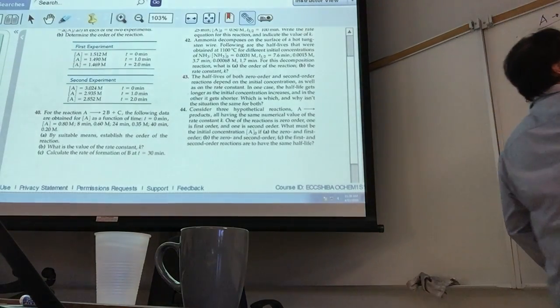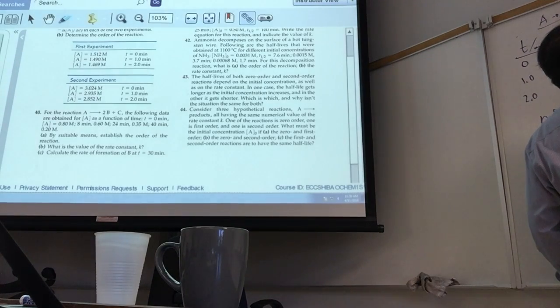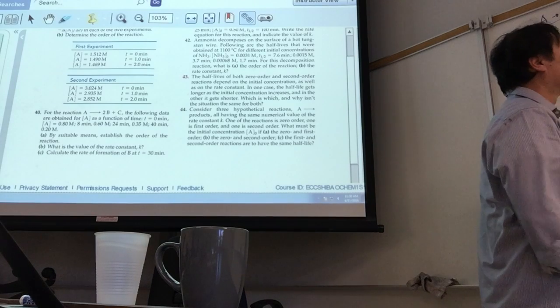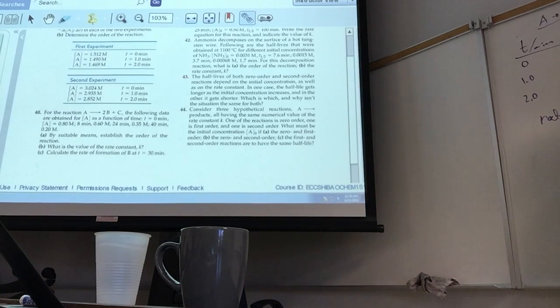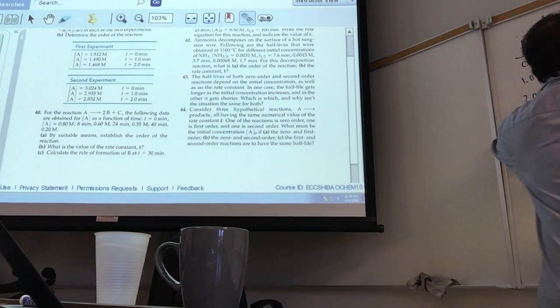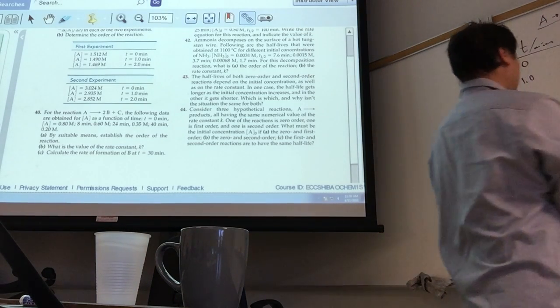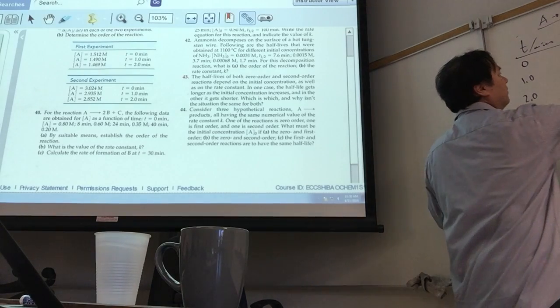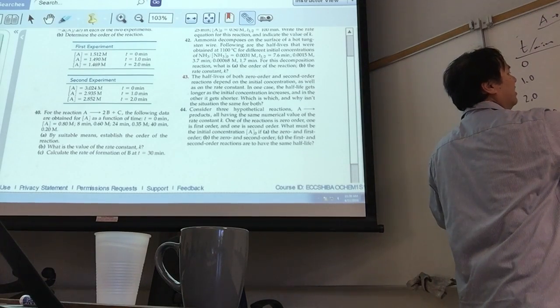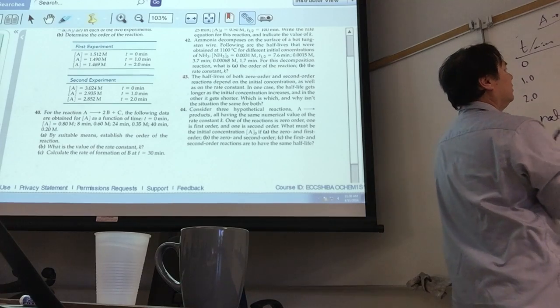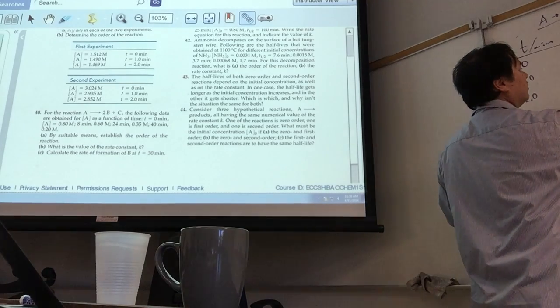And so the first thing we'll do is we'll try zero order. Is it zero order? Well, solving for K for zero order, it's going to be A at time t minus A initial divided by the time interval. And so we're going to go with segment 1 here. We're going to call this K1. And then this second one here we'll call K2.